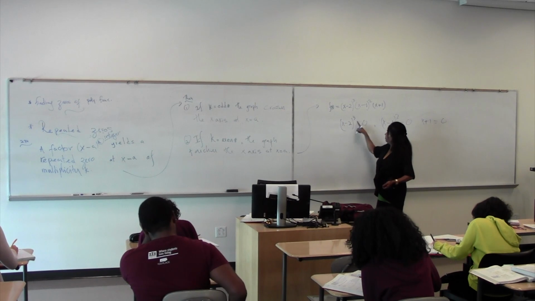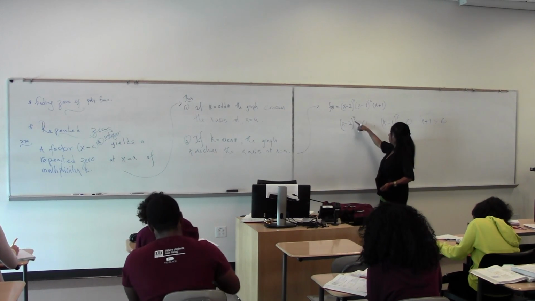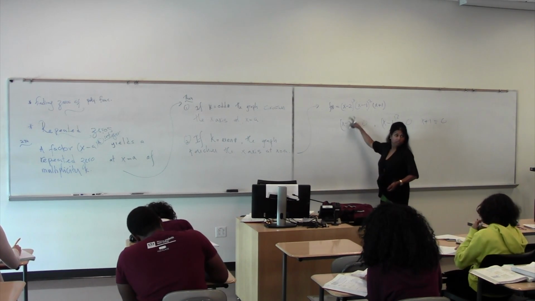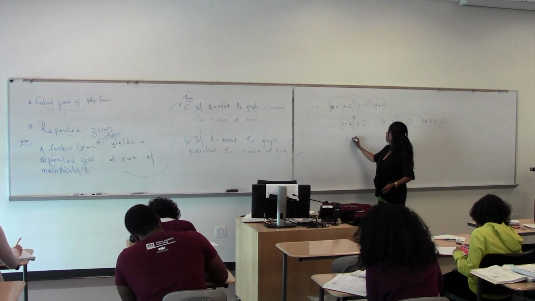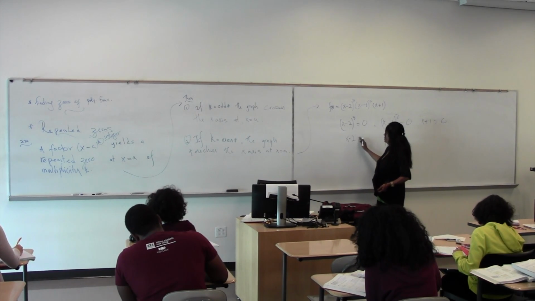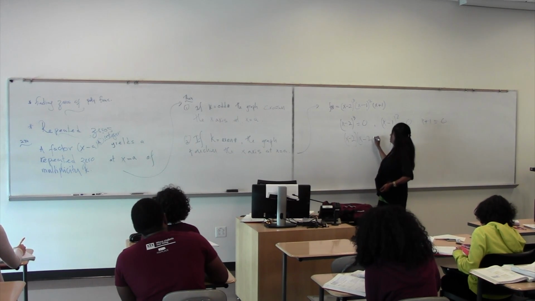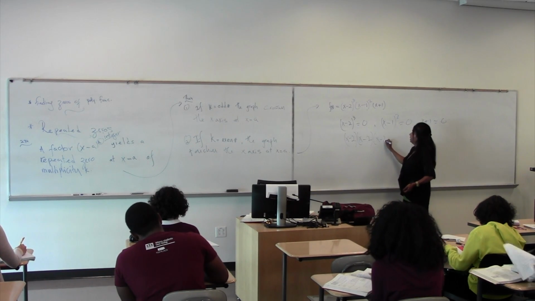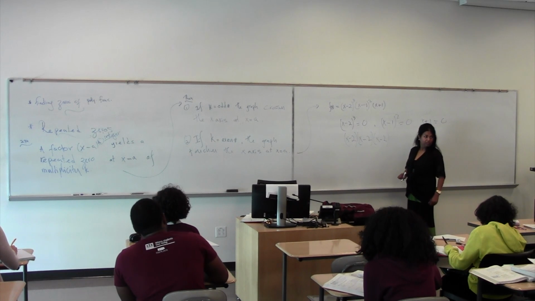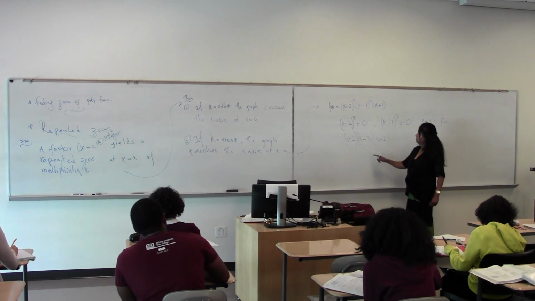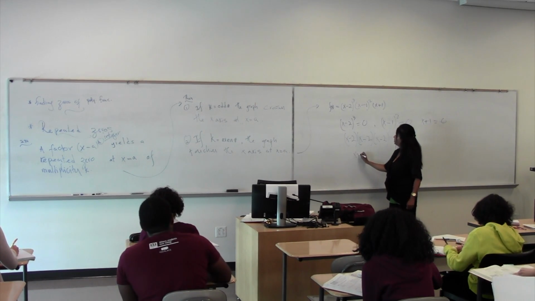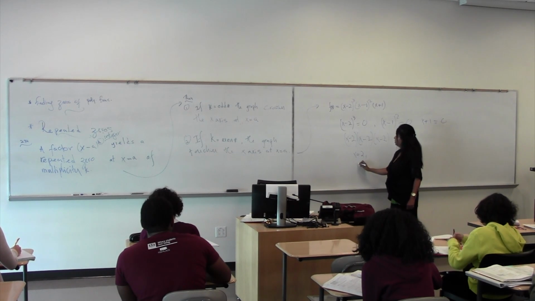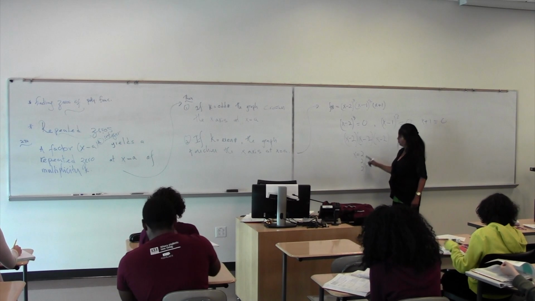If you take the third root of this, this becomes x minus 2 is equal to 0. So what does this mean? How many x values equal to 2 do we have? 2, 2 and 2, right?